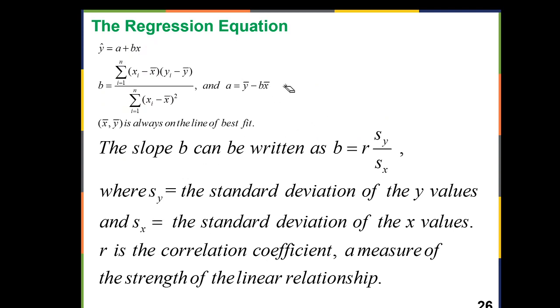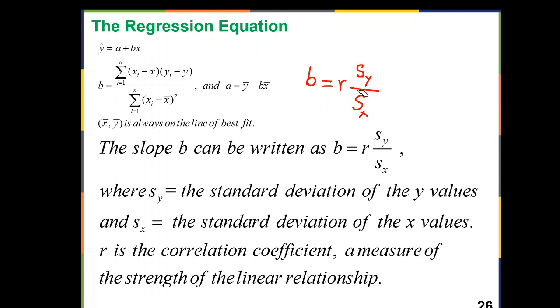All right, so the slope of the line is related to that number r that the calculator finds. The relationship is that the standard deviation of the y values divided by the standard deviation of the x values, times r, gives you b.